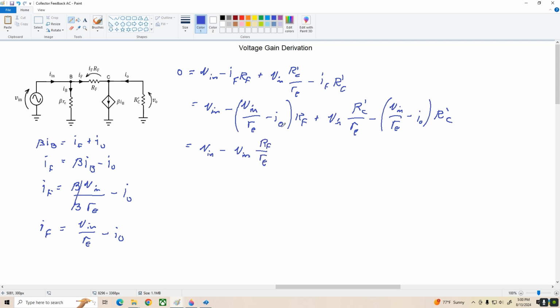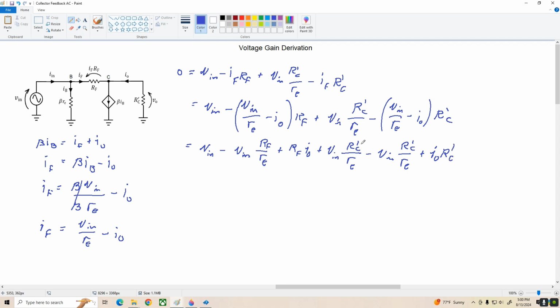Here we're going to end up with a plus sign, so we're going to get plus Rf times I sub O plus Vn times R prime c over little re minus Vn times R prime c over little re plus I sub O times R prime c.